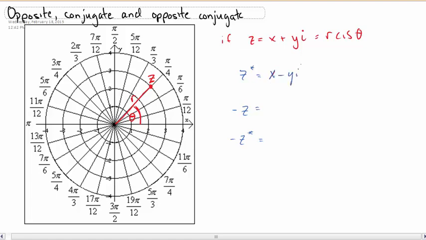So that would have a positive real part and a negative imaginary part. So that would be down here in quadrant 4. So the modulus stays the same. The angle, the argument, would now just be the opposite of theta.